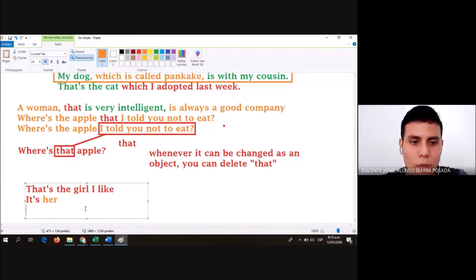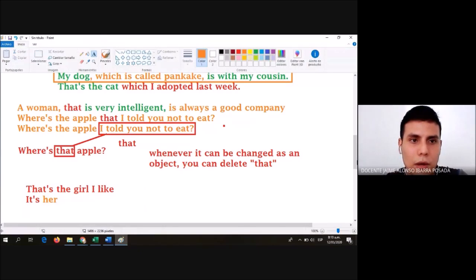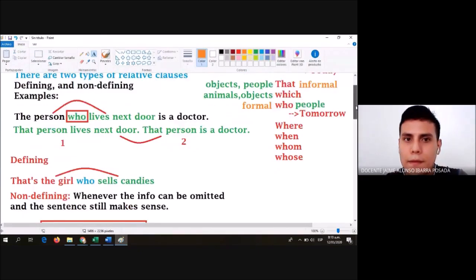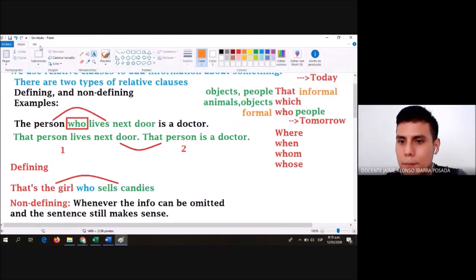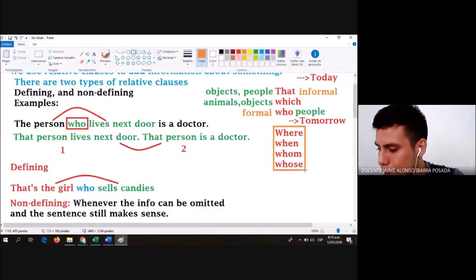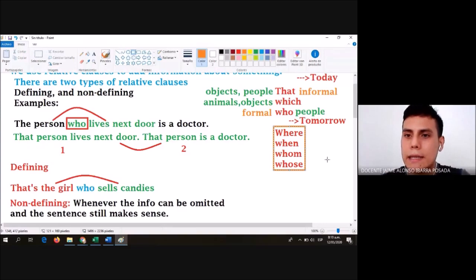So tomorrow I'm going to make the precision on what David told me, and I will also explain the rest of the relative pronouns. Okay, some of these are adverbs, but we'll explain that later on.